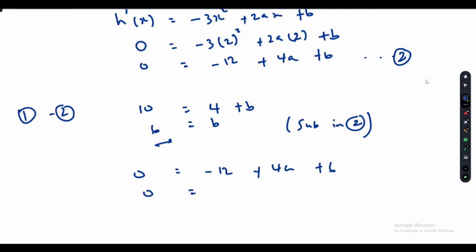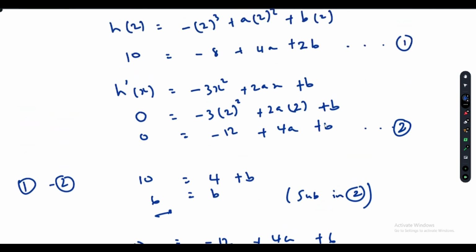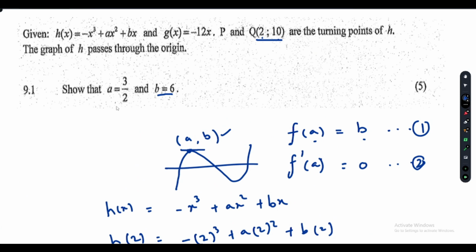Simplifying, 0 is equal to minus 6 plus 4a. Take the 6 across. Positive 6 is equal to 4a. Therefore, a is equal to 6 over 4, which is 3 over 2. And again, a quick double check allows us to realize that that's exactly what we expected.